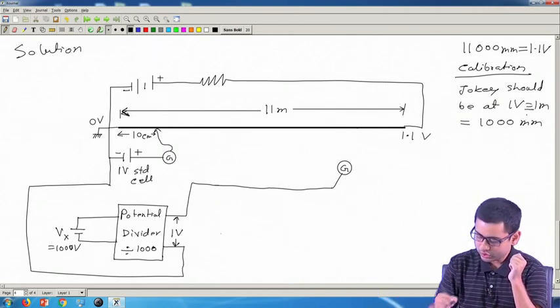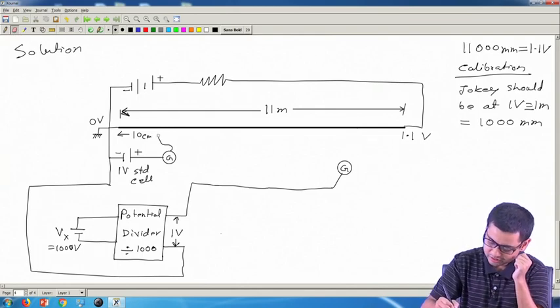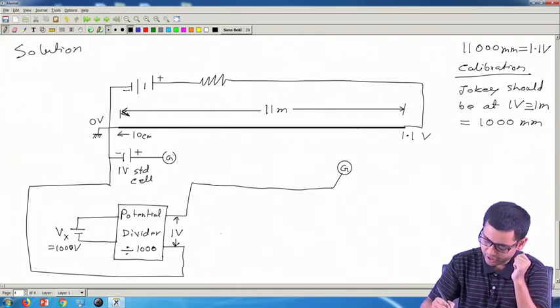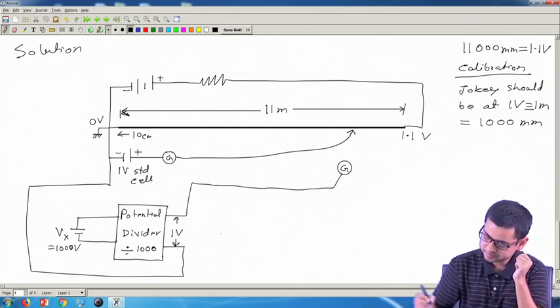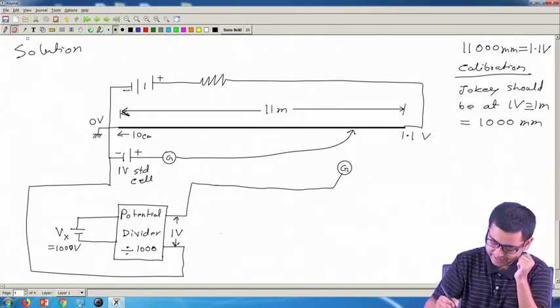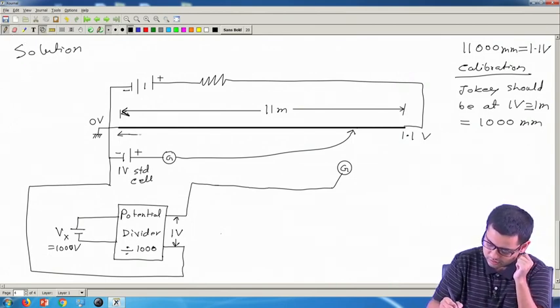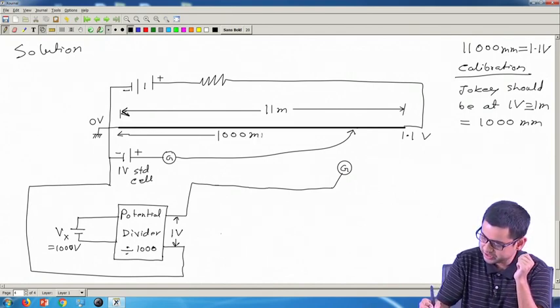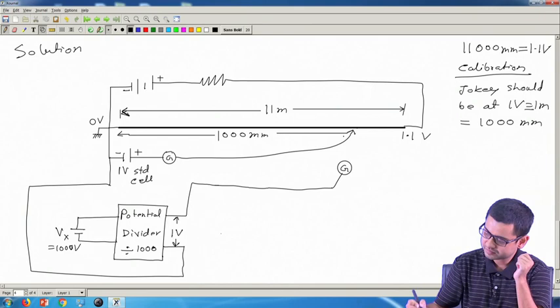Okay. So, we have to put the jockey somewhere down here at a distance of 1 meter or 1000 millimeter from the left side.